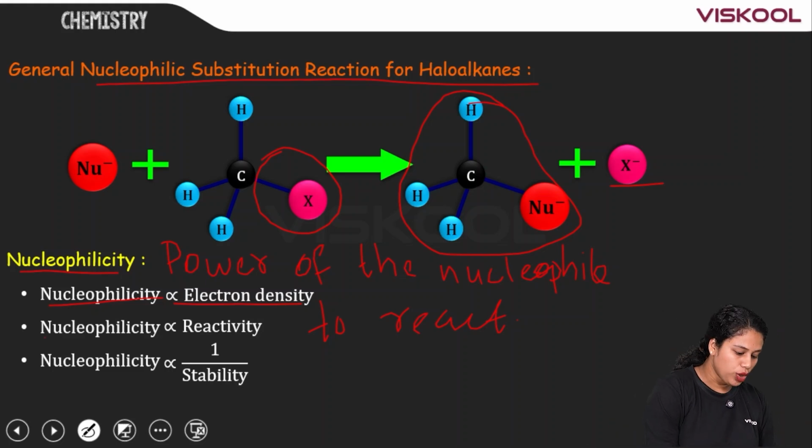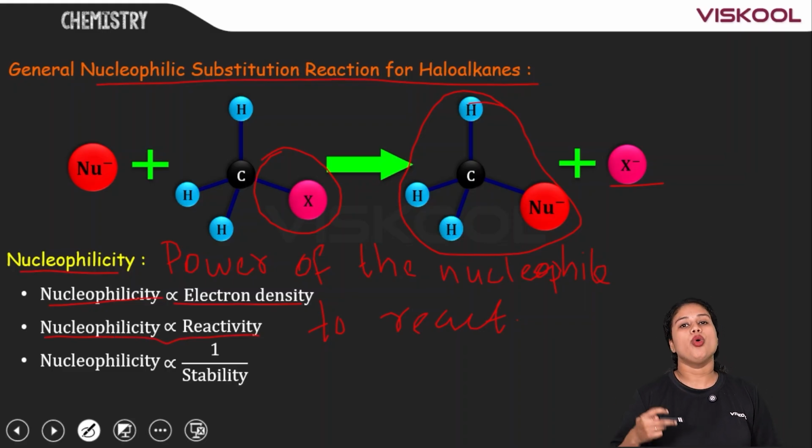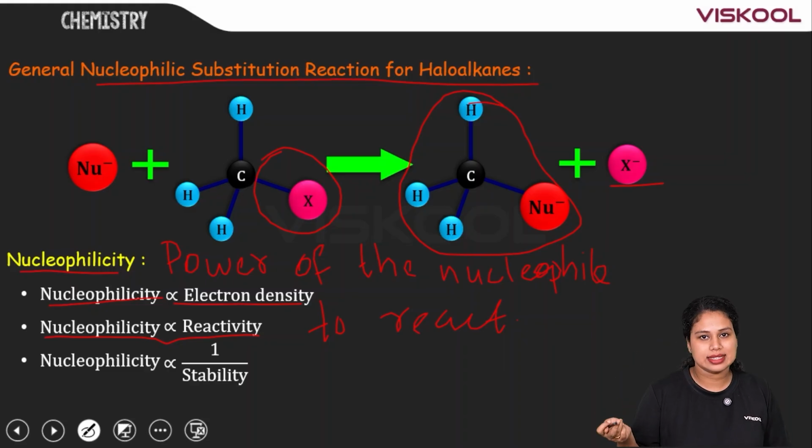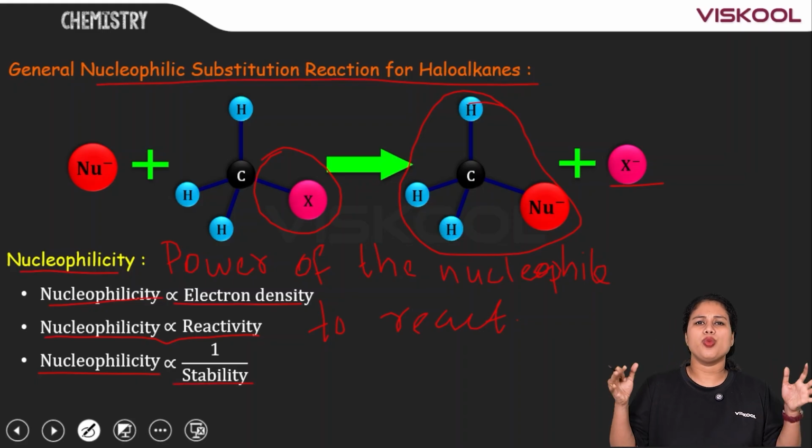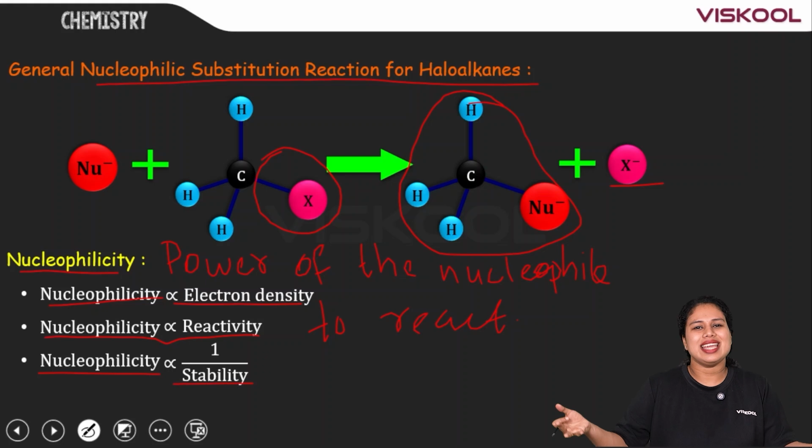Then nucleophilicity is directly proportional to reactivity. The more reactive the species, of course, the nucleophile also has greater reactivity. So nucleophilicity is directly proportional to reactivity too, and it is inversely proportional to stability. As we know, if someone is more stable, do they take part in any reaction? No, right?